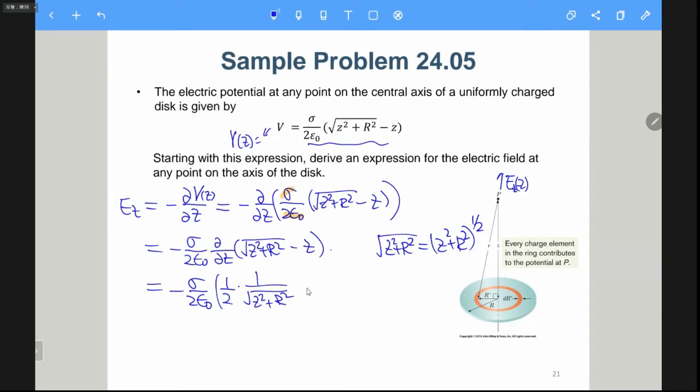And then don't forget the chain rule. We take the derivative of the inner function, which is 2z plus 0. So we multiply by 2z here, and then minus the derivative of z, which is 1. We can simply cancel this 2 and this 2.